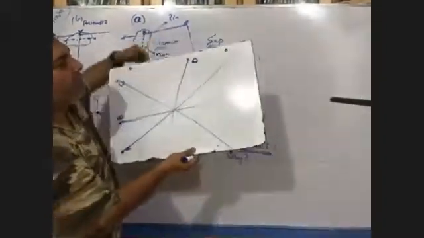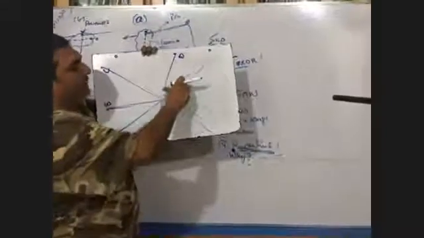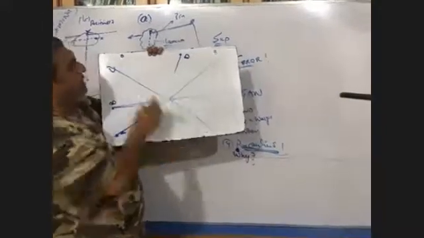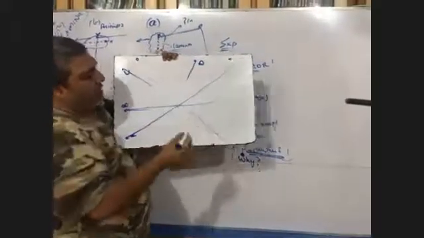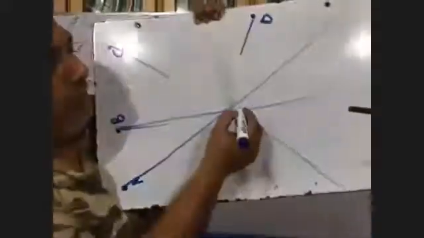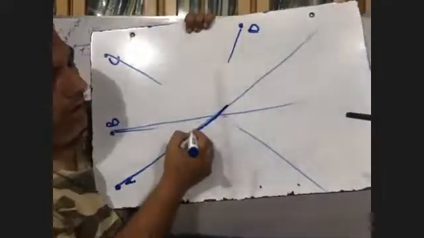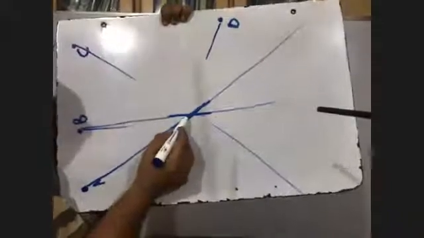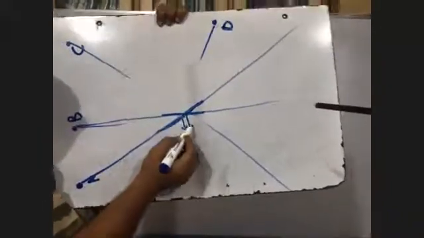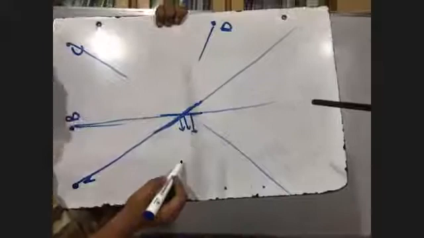now please try to understand this. I remove D from the equation. I remove C from the equation. And I bring it close to you. This is a point, and a point.